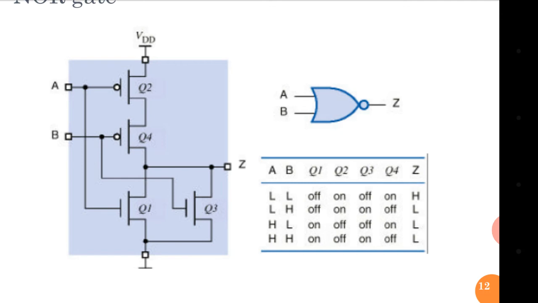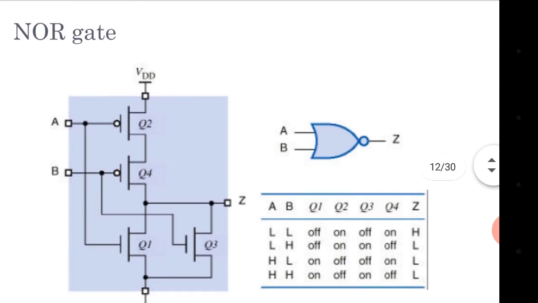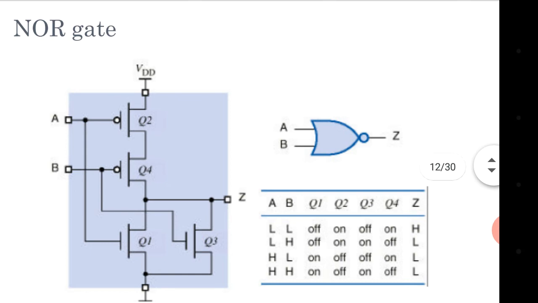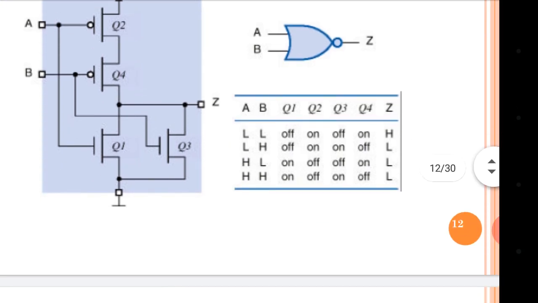You will observe the gate of one PMOS and one NMOS is shorted and called A, and the same for B. Let us try to find out how this circuit will work. As we know, the truth table of the NOR gate is: whenever both inputs are low, only then is your output high. For all the other cases, your output is low.